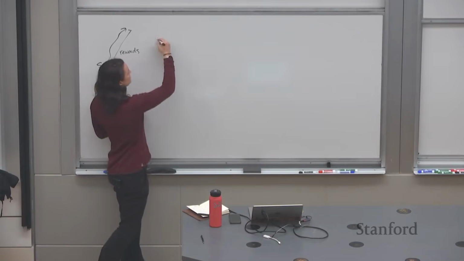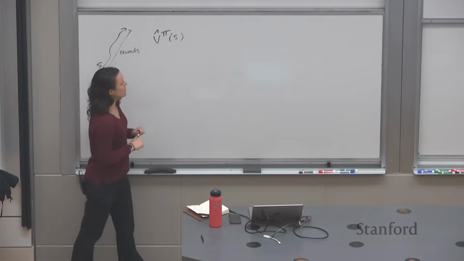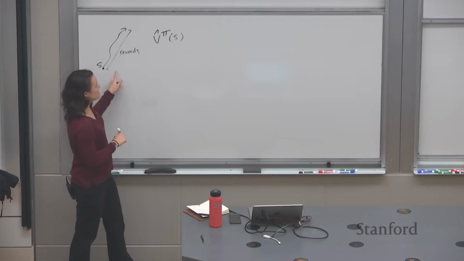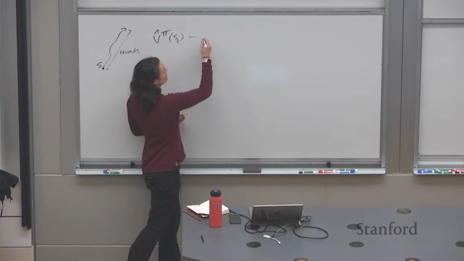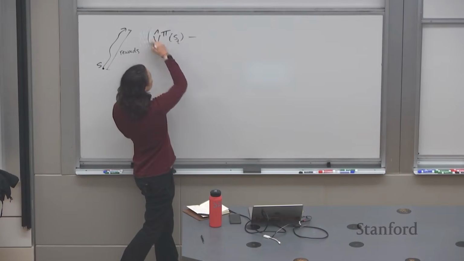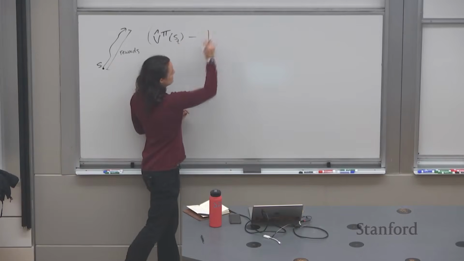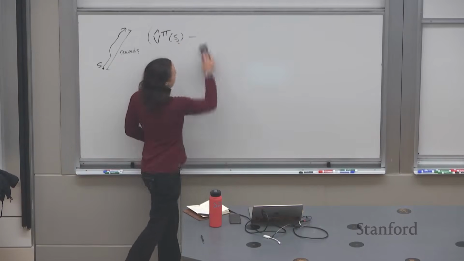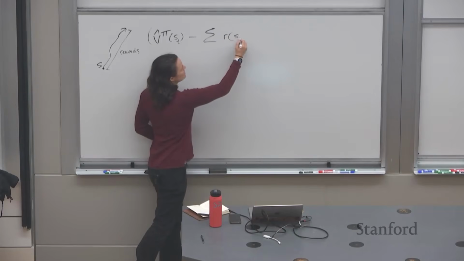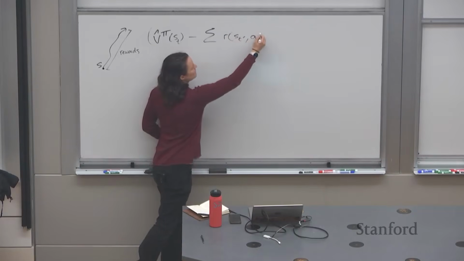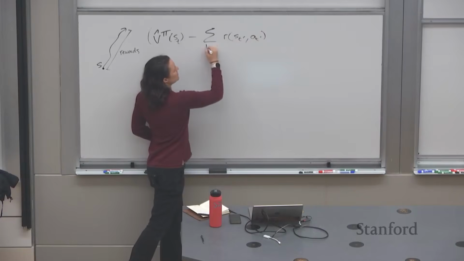So you'd be trying to fit some V pi of s, and your target would be the sum of rewards from that state onward, the sum of rewards at future time steps from t onward.